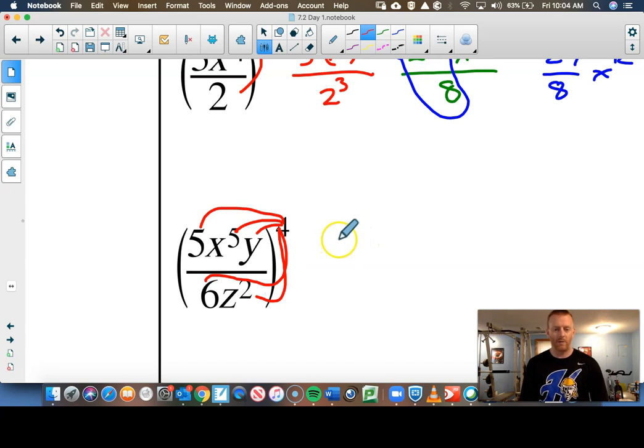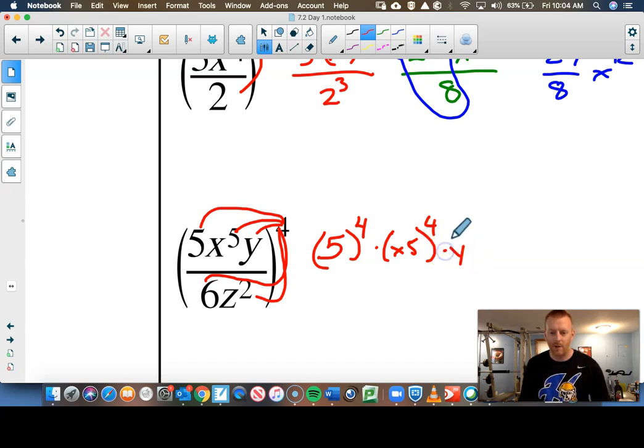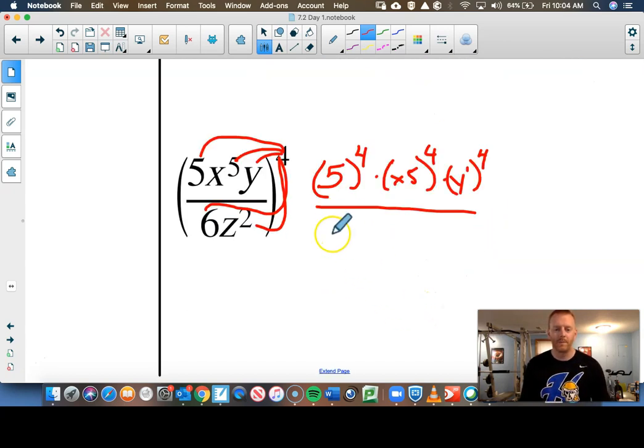So as we rewrite this, this would be 5 to the 4th power times x to the 5th to the 4th power, and times y to the 1st to the 4th power. All of that is going to be over a 6 to the 4th power times a z to the 2nd to the 4th power. So then it's up to us just doing the math.